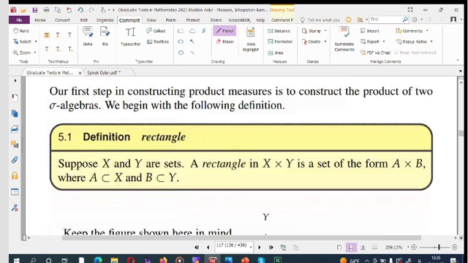Definition: rectangle. Suppose X and Y are sets.